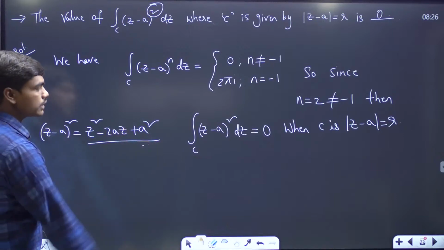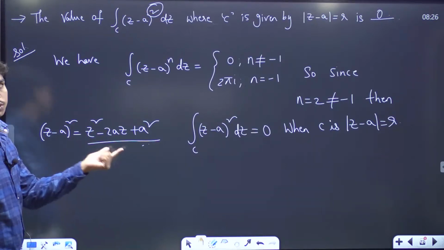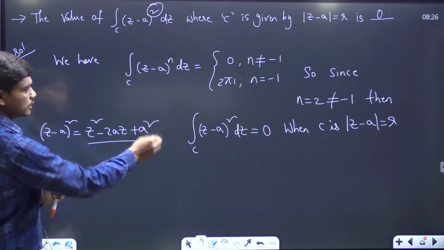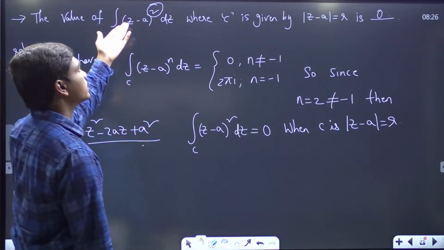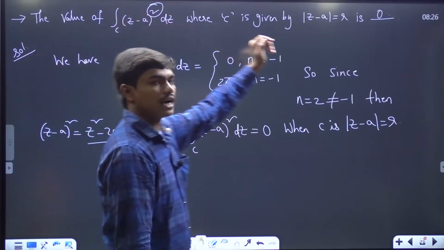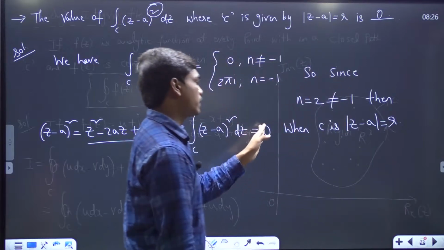If they don't have a denominator, then this function is analytic. And if you calculate the first derivative, 2z minus 2a is also continuous at every point. So at every point within a closed path, this function is analytic and the first derivatives are continuous. So definitely if you calculate this cyclic integral, since the path is closed, for this squared dz, definitely the answer is 0, which is a corollary of this result as well.